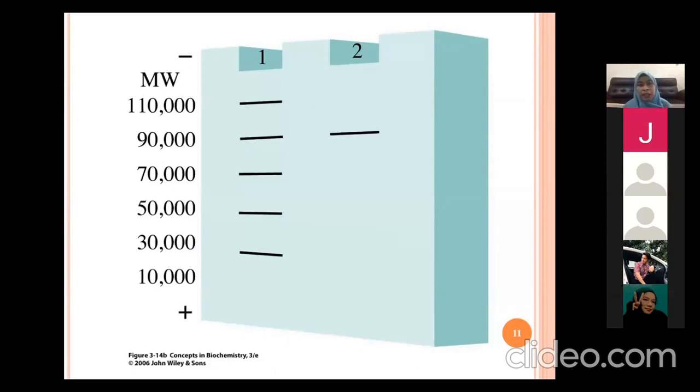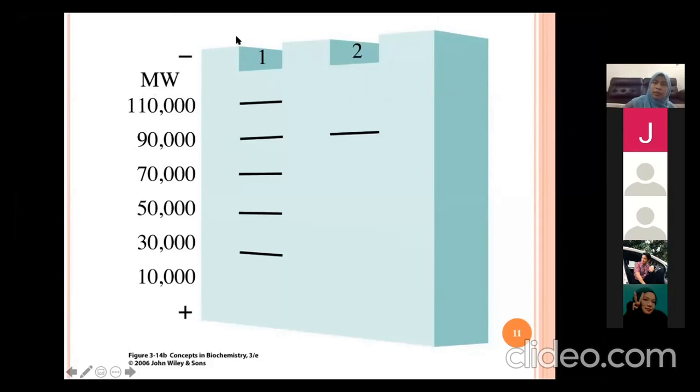But the gel is used to separate your protein of interest based on the molecular weight, the mass of the protein. MW represents the molecular weight. The bigger the protein, just like cytochrome just now, it will appear at the top of the gel, because in principle you will load your protein up here.